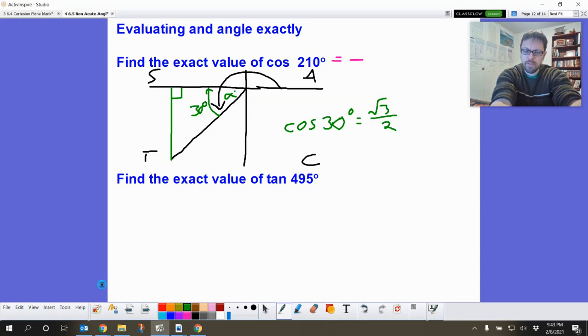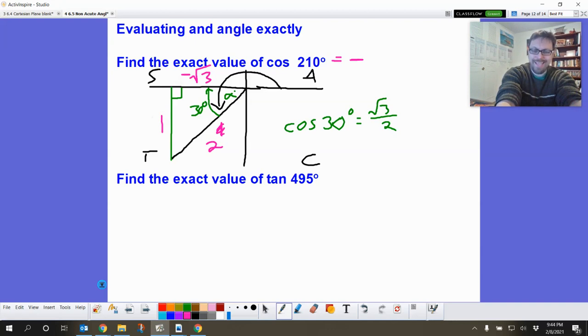But wait a minute, this 30 degree angle in this triangle over here is really just kind of an upside down version of it. Now we could write in our side lengths. I'm going to make this one 1, this one a 2, this one square root of 3, and this one a 1.